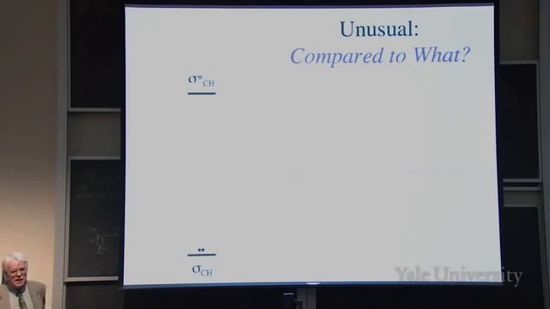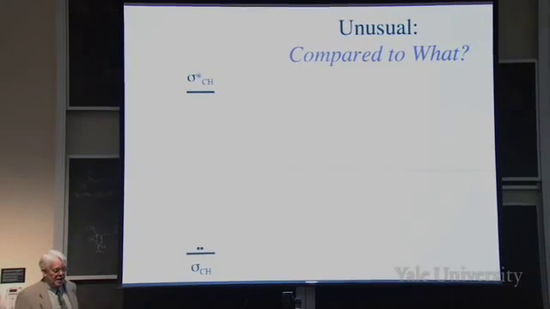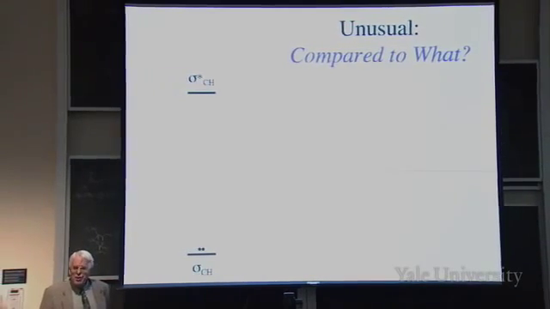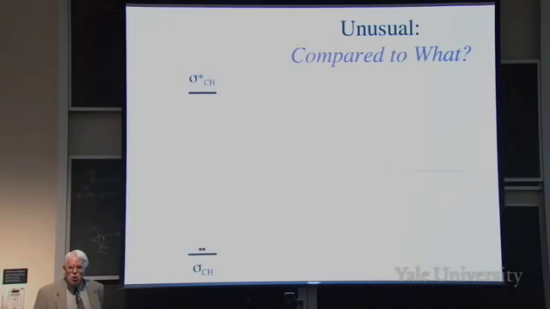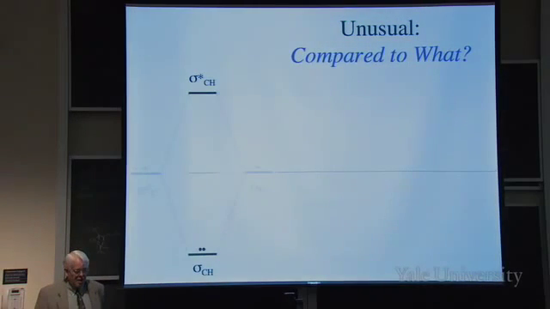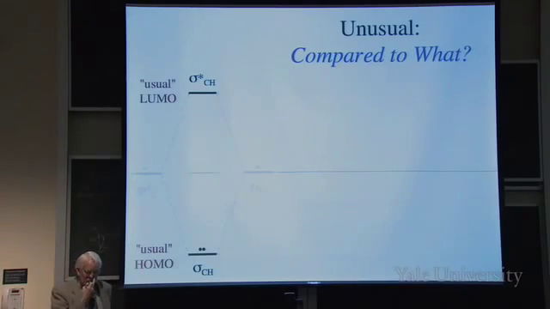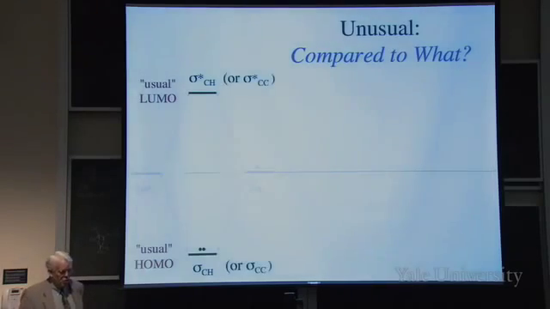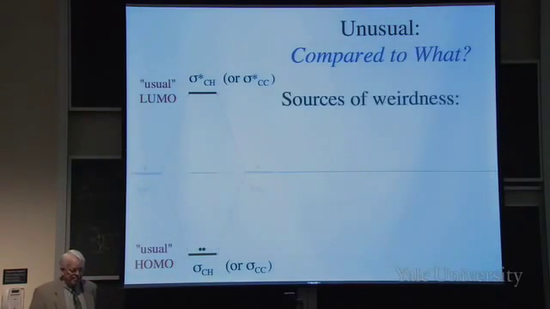Those are the plain vanilla electrons and holes. Okay? Now let's look at other things and see whether they're unusual with respect to this. Now there will be several classes that they fall into, right? So those are the usual LUMO and the usual HOMO, or the CC analogs.